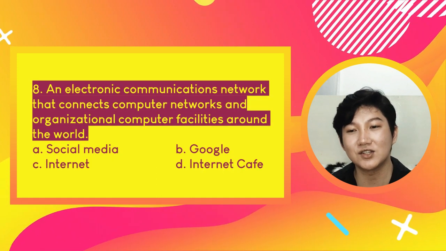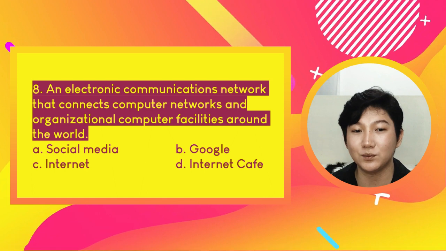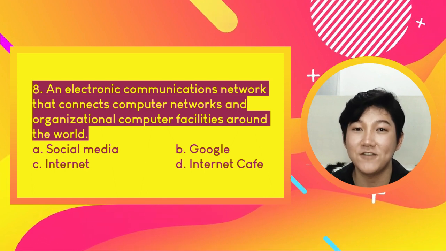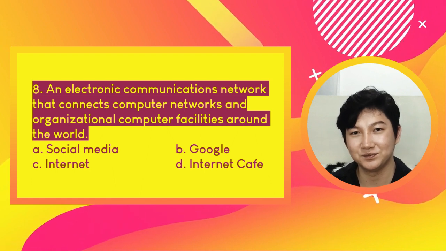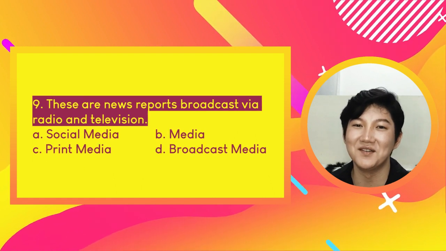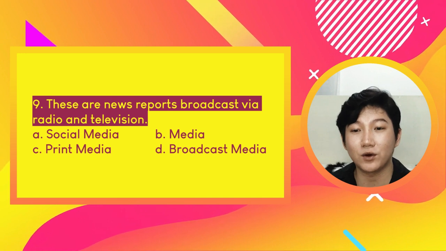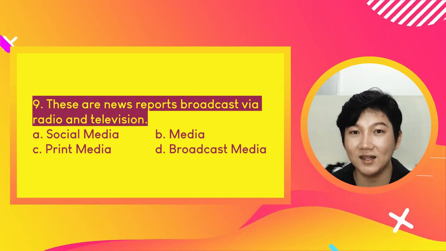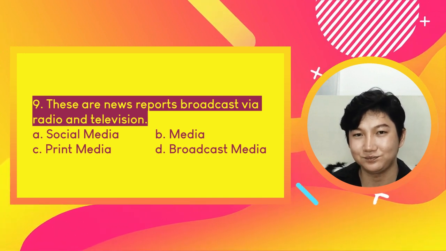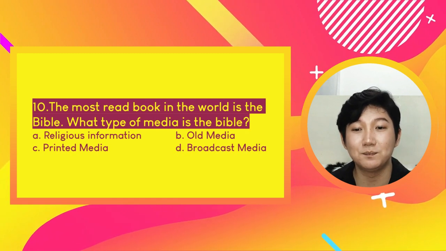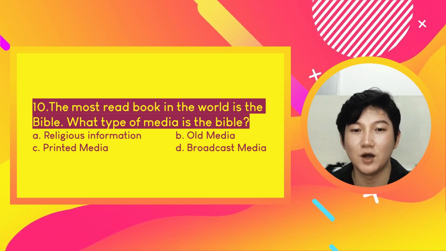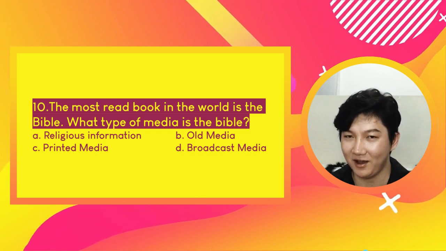An electronic communications network that connects computer networks and organizational computer facilities around the world. Number 9. These are news reports broadcast via radio and television. Number 10. The most read book in the world is the Bible. What type of media is the Bible?